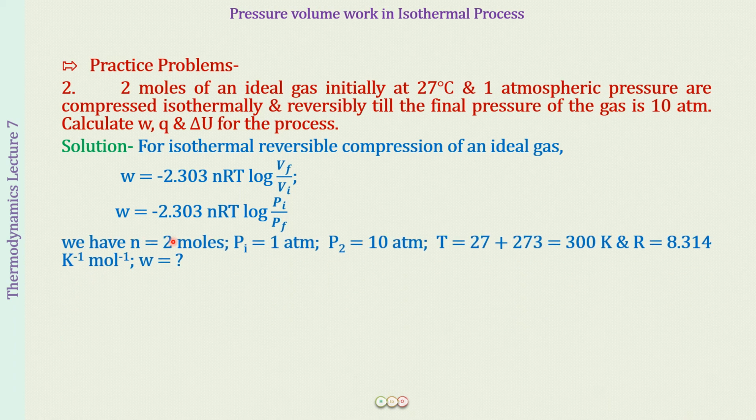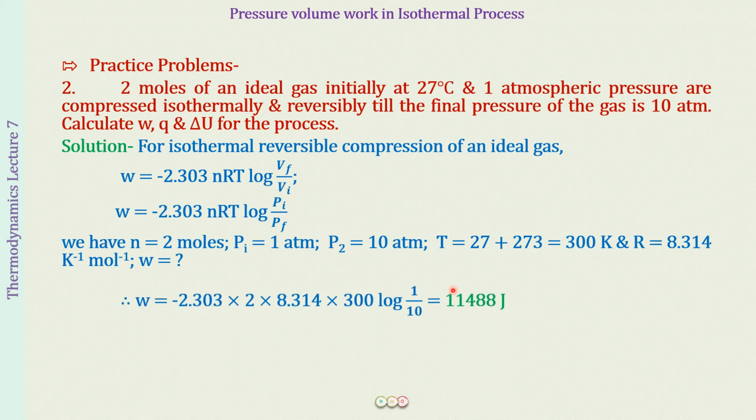So now you have the values given to you. Number of moles is 2 moles. Initial pressure is 1 atmosphere. The final pressure is 10 atmosphere. The temperature 27 degrees Celsius, so that is going to be 300 Kelvin. And for R, for calculating the work done in joules, you have to take the value as 8.314, right?